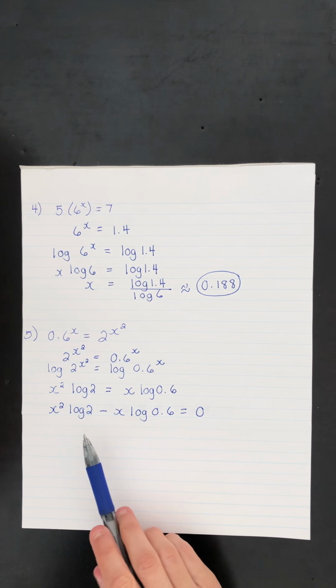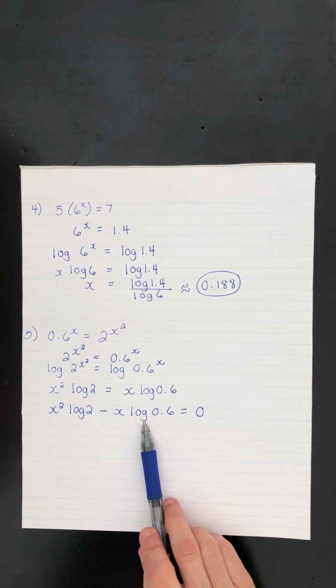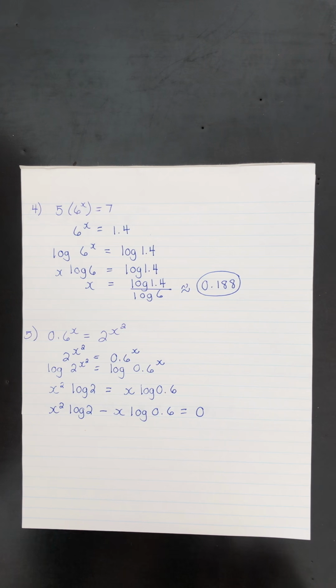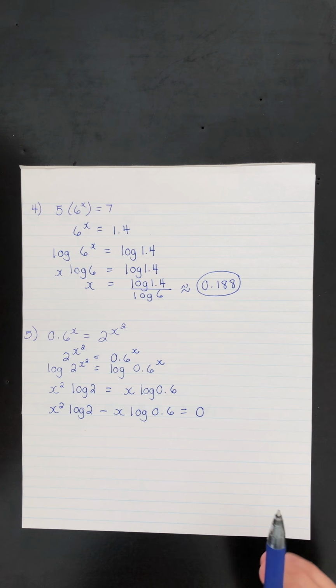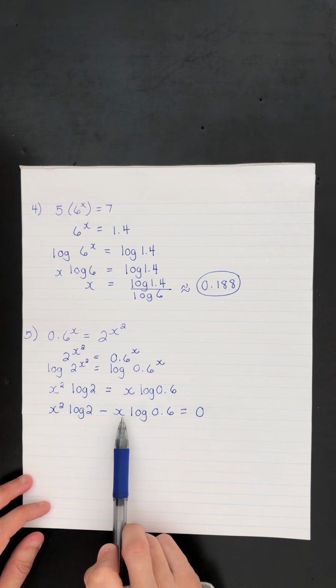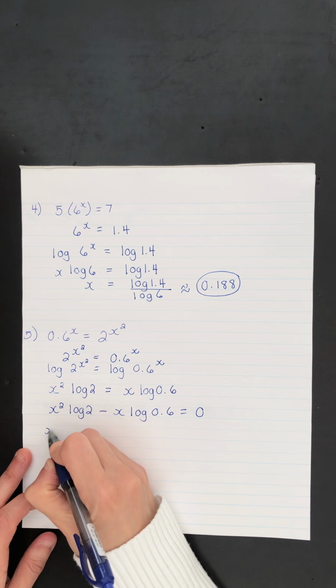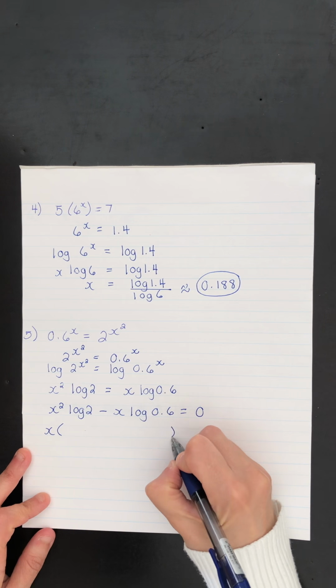We compare it to ax squared plus bx plus c equals 0, and we are missing the term c. We're missing that constant term. So if we were going to try to factor this, the only kind of factoring we could use is common factoring. The only common factor, however, would be x. So we can remove x as common from the two terms.